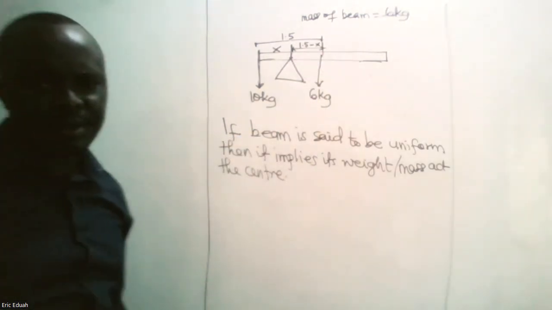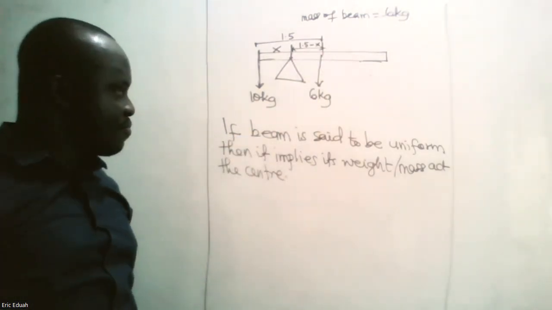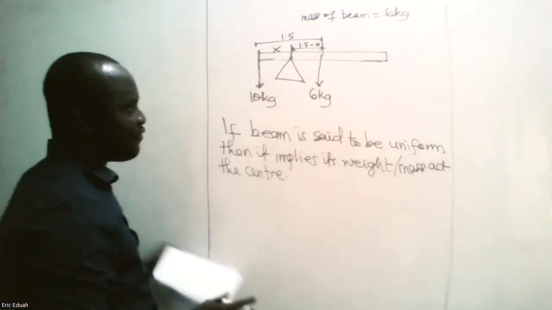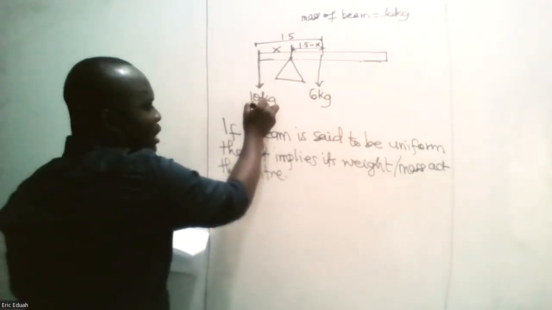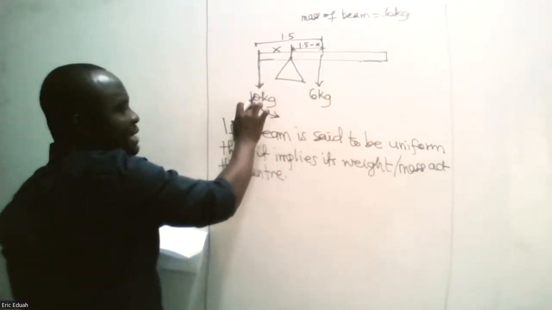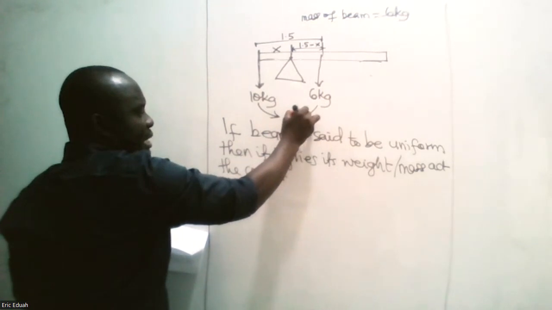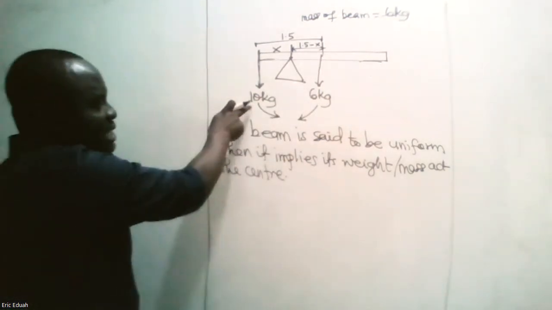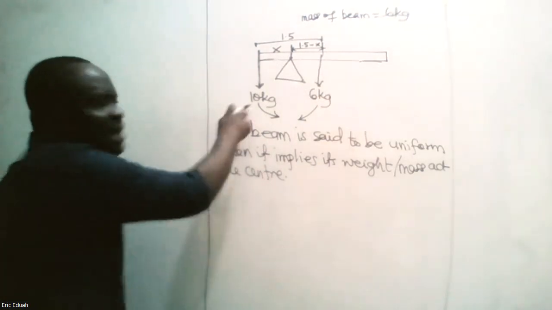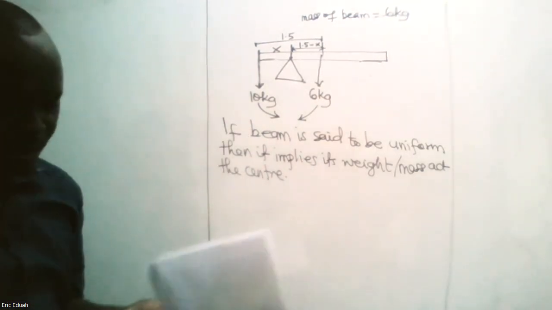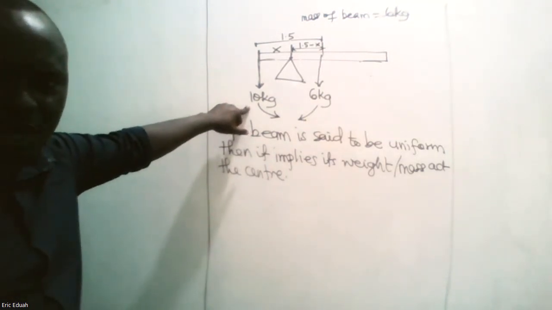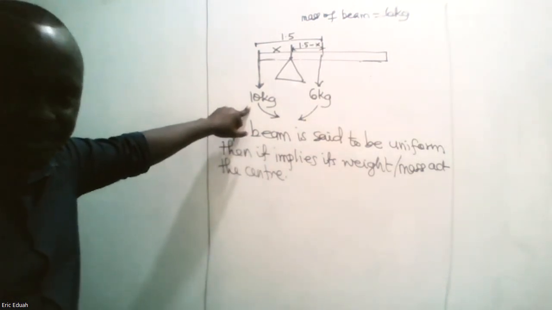Patience, are you okay? Okay, so we take the turning effect produced by the 10 kilogram, and the turning effect produced by the 6 kilogram. Will it be a clockwise or anti-clockwise movement?